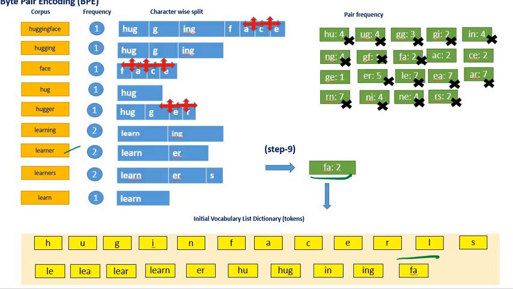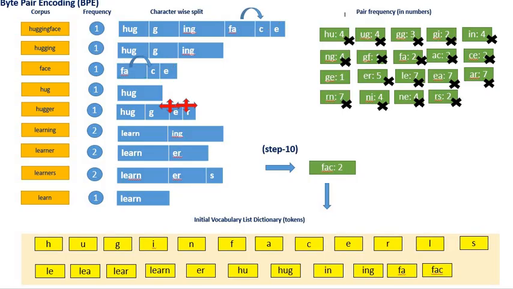So FA needs to be removed from here, correct? And finally, we remove FA, CA, correct, from the margin, and finally put it in the dictionary corpus.